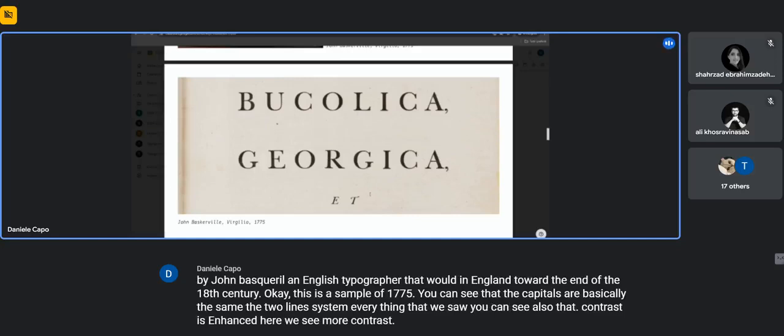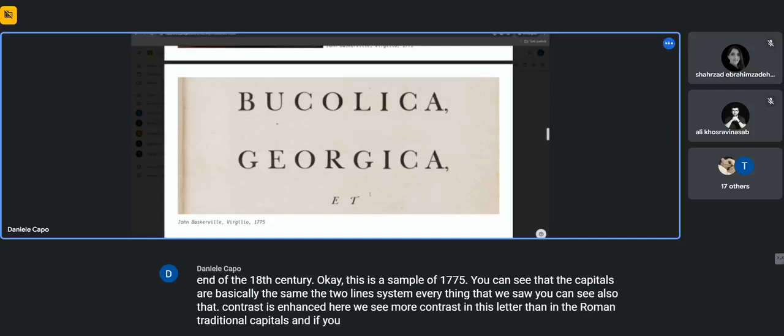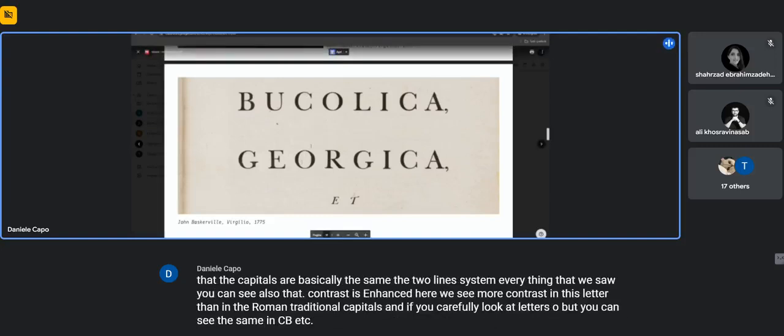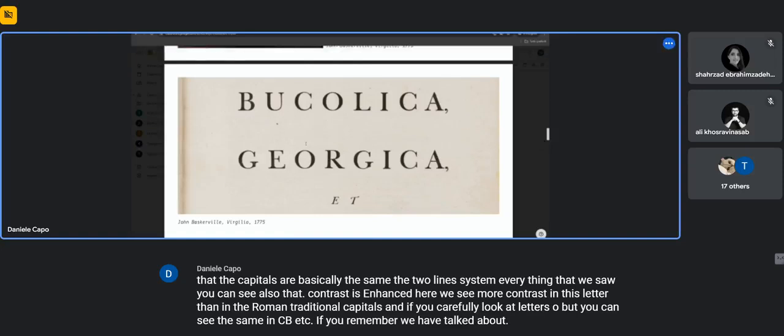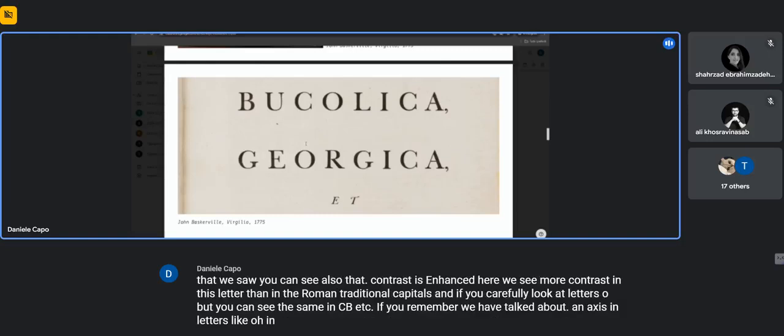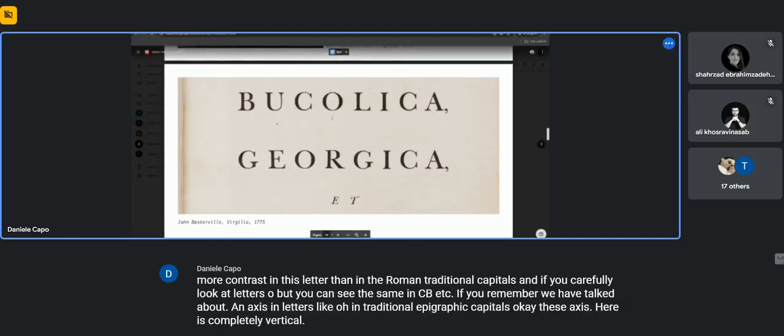We see more contrast in this letter than in the Roman traditional capitals. And if you carefully look at letters O, but you can see the same in C, B, etc. If you remember, we have talked about an axis in letters like O in traditional epigraphic capitals. This axis here is completely vertical. So we can see this difference.